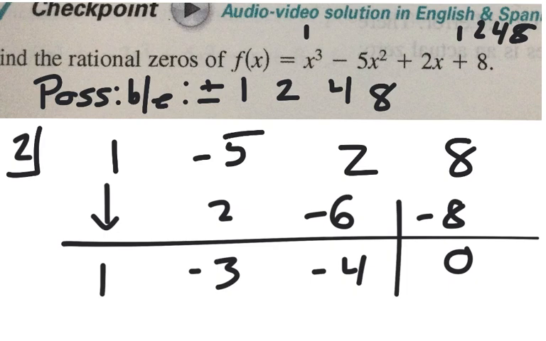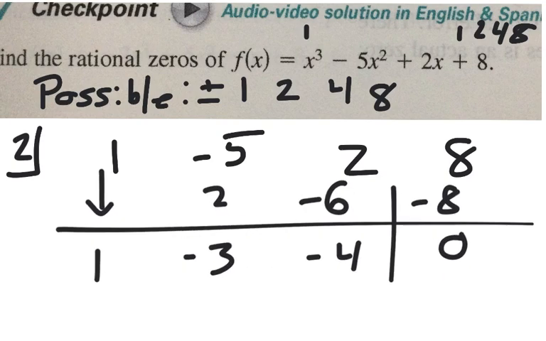Okay, so now I have used 2 as a rational root, and it worked because I got a remainder of 0. So that means I know 2 is an x-intercept.